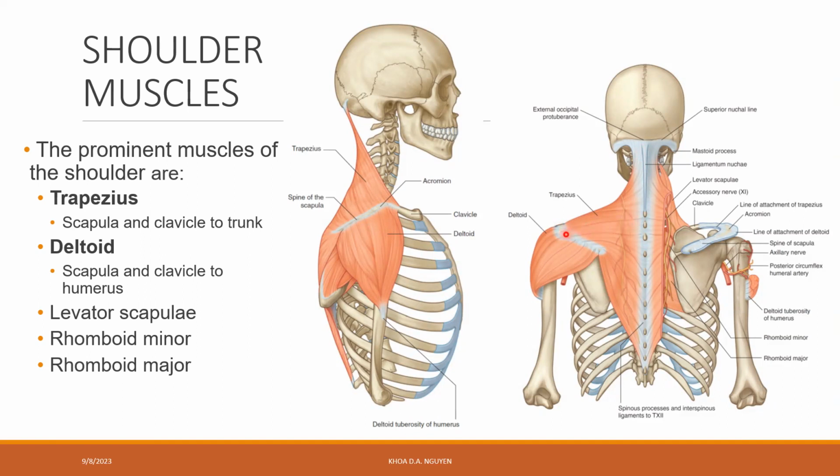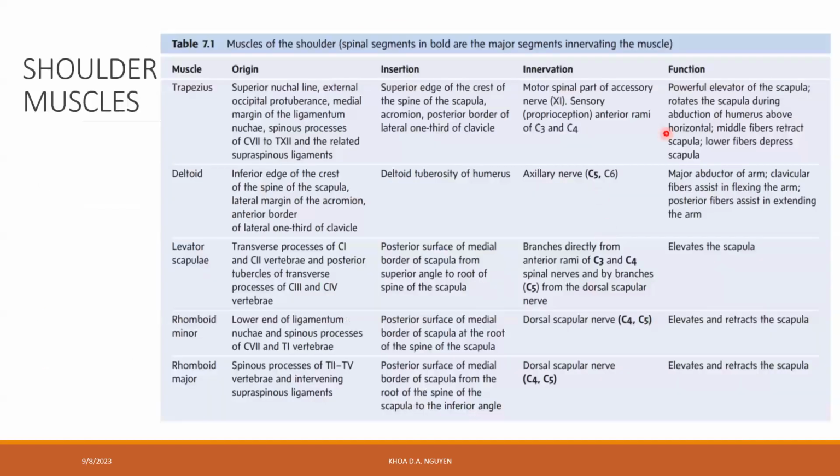Then the scapula is going to be either elevated, going nearer to the vertebral column on the back side, or depressed, based on which part of the trapezius is doing the action. And that is why the action is elevation of the scapula. It rotates the scapula during abduction of the humerus above horizontal.